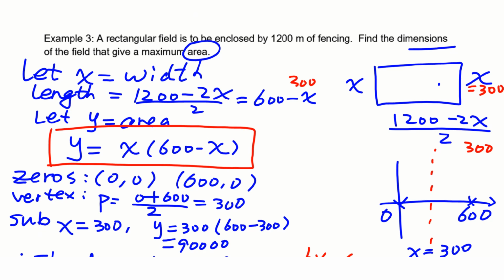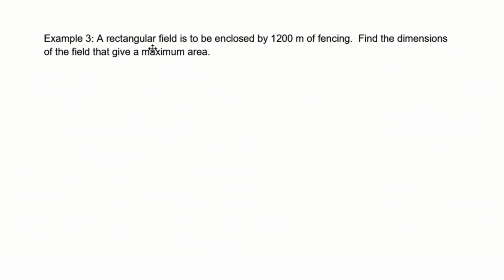So the next question is a rectangular field to be enclosed by 1,200 meter fencing. Find the dimensions of the field that give a maximum area. So we draw a rectangular field.